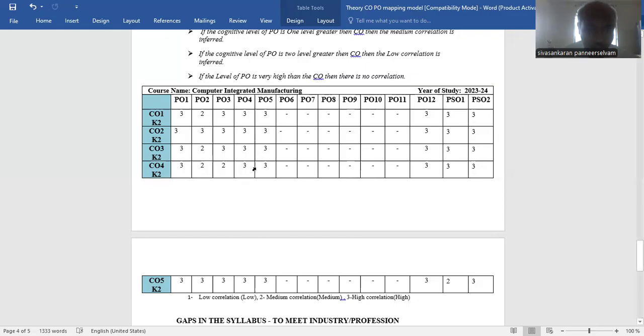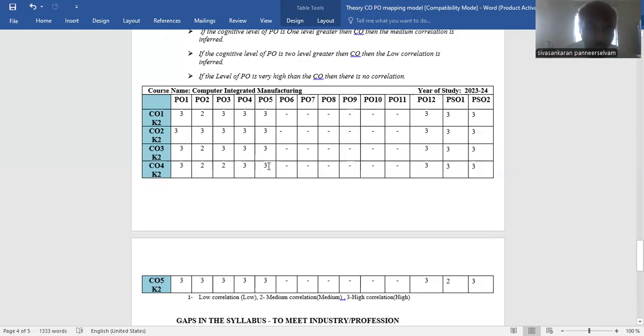And next PO4 and PO5. PO4 tells about the investigation of complex solutions. Yes, with the help of a database integrated management system, we are able to handle multiple amounts of data within a short duration. So CO4, the course outcome, is highly correlated with program outcome 4. So it is fixed as 3, the highest correlation.